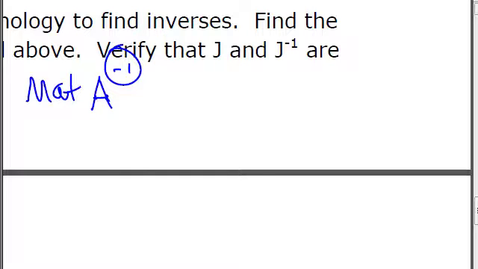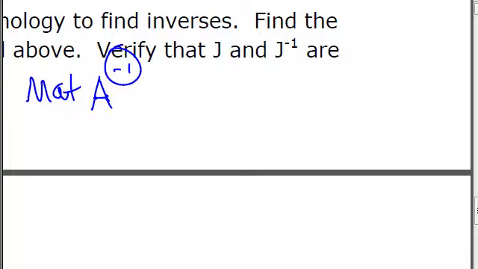As one of your standards in Accelerated Math 2, you are expected to be able to find the inverse of a 2 by 2 matrix by hand.